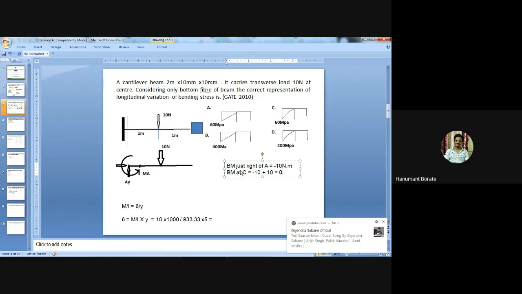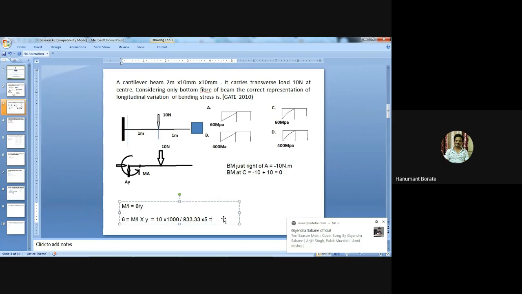So the bending moment at the center equals 0. So the maximum bending moment is 10 Newton meter. Okay, so 10 into 1000 divided by 833.3 into 5.